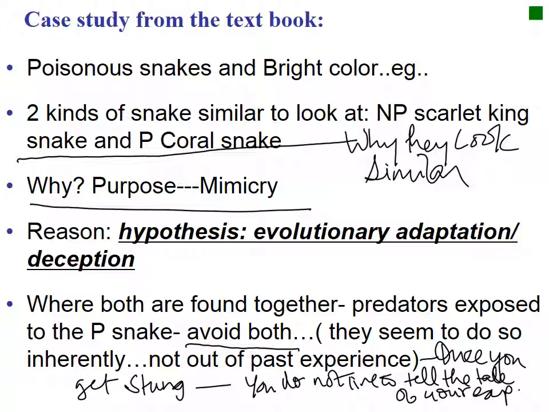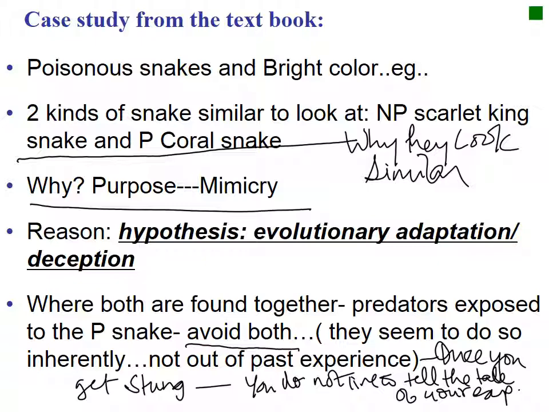Okay, so then there is a case study from the textbook. The case study from the textbook is there are two kinds of snakes. Both of them are bright colored and they look similar. One is the non-poisonous scarlet king snake, and the other one is poisonous coral snake. Why would this one non-poisonous snake look similar to the poisonous snake?